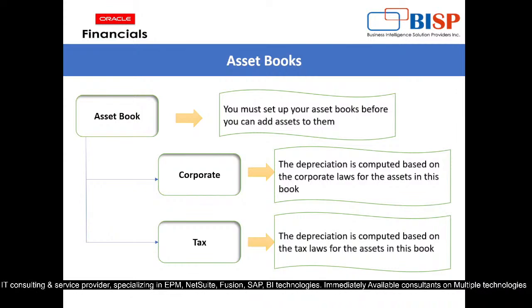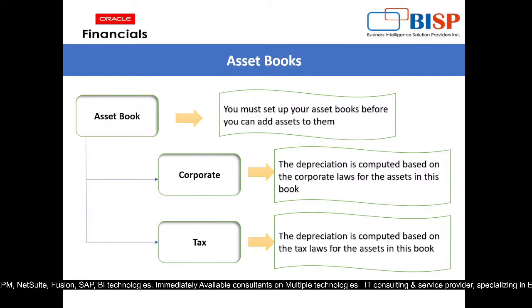We will be maintaining the assets in the corporate book, and then periodically we will be transferring those assets to the relevant tax books for tax computation purposes. So a tax book must be associated with the corporate book. This helps to maintain multiple accounting and depreciation representations for assets with minimal effort.